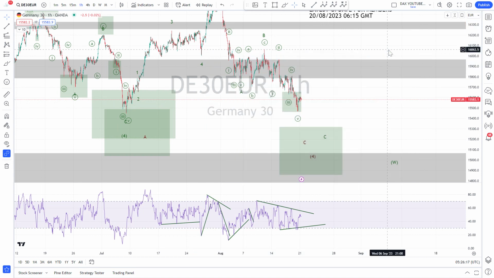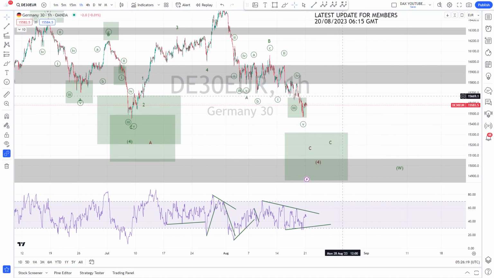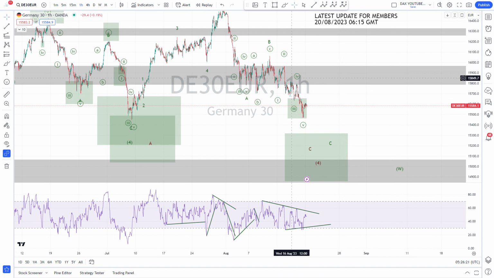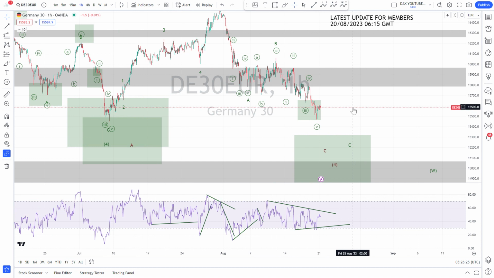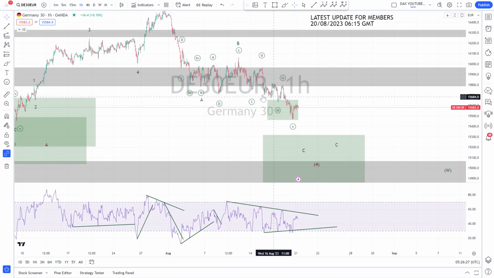Now, if I look at the internals of this wave C here, we actually already have enough swings.